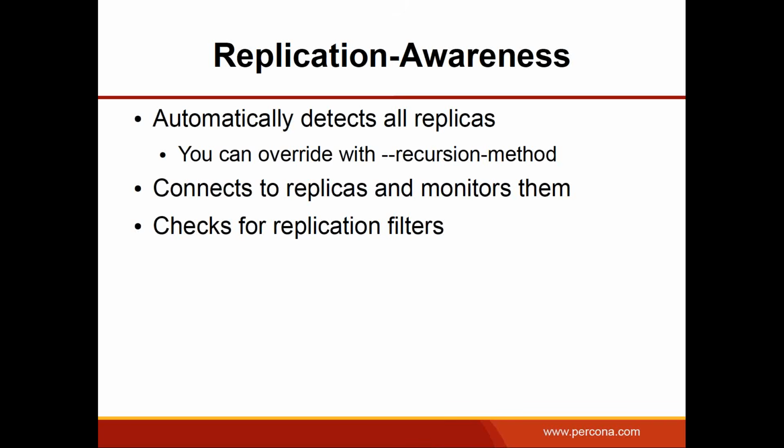And if you do that, then it won't try to do any of this automatic detection. It will simply look in that table and connect only to the servers that you specify. So this is one way, by the way, that you can tell it not to try and connect to and monitor replicas at all. You can point it at a table that has no contents in it, and it will just get nothing out of it, and that'll be a no-op.